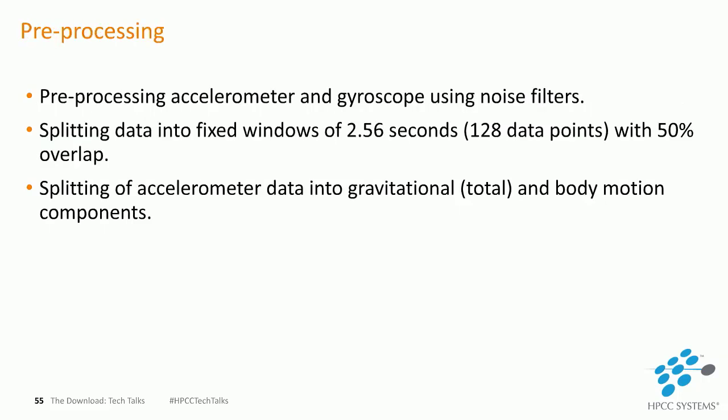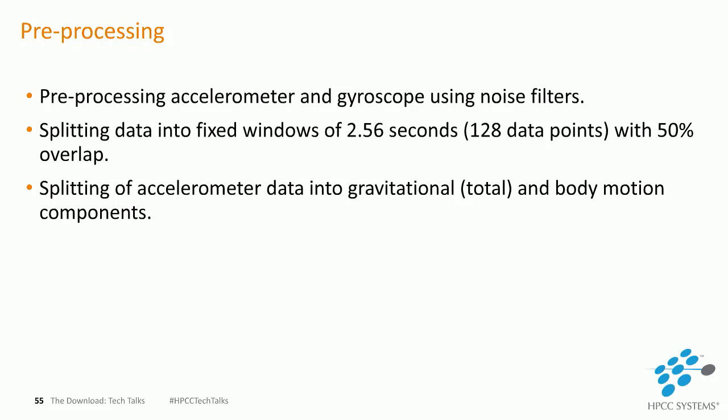Right. So certain pre-processing techniques have been used. Just to reiterate, these pre-processing techniques were not done by me. The pre-processed data set was readily available to me. But just to give you an intuition, there were certain noise filters used to pre-process the accelerometer and the gyroscopic data. Again, there was a reconstruction of the data set that was required.